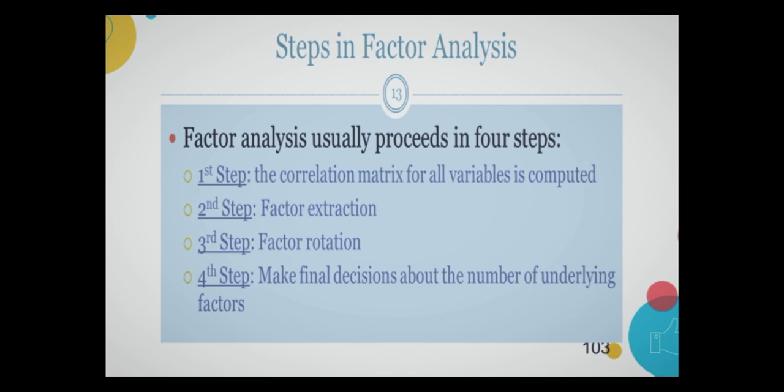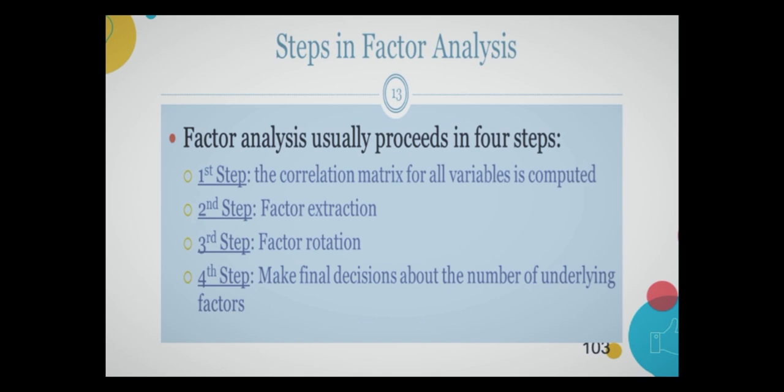Okay, the first step is to see whether there is a correlation between the variables. So we need to observe the correlation matrix for all the variables to see whether there is a correlation between the variables. From the correlation matrix we can see which variables correlate to the other variables.